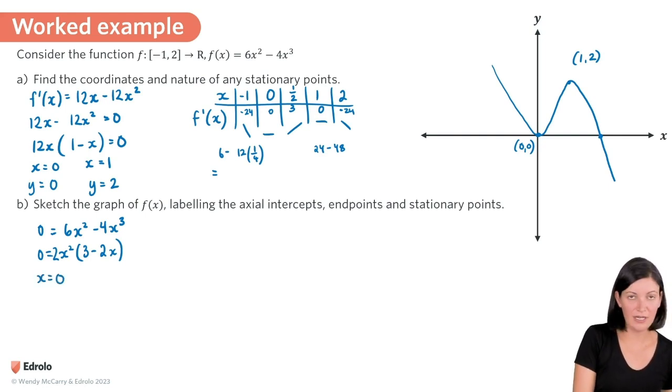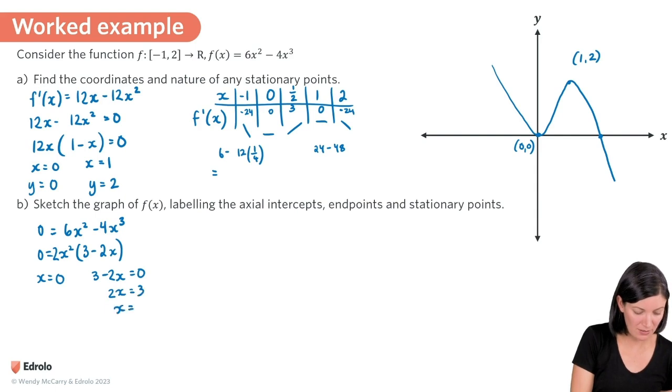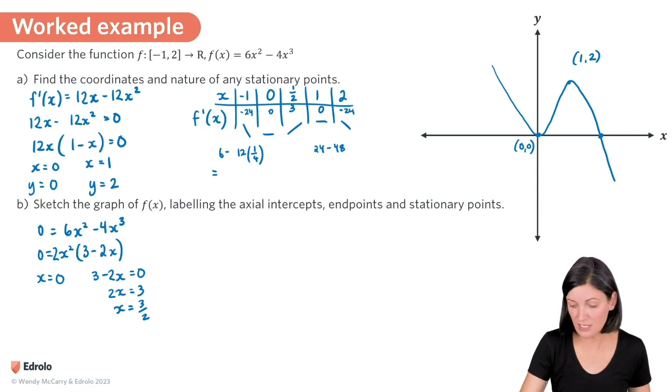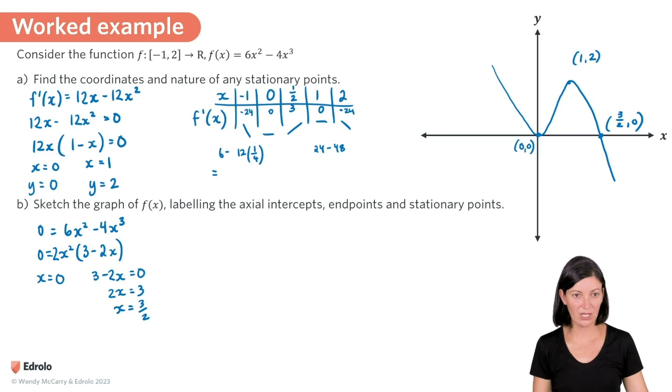Or for this other one, I end up getting 3 minus 2x equals 0. So 2x is equal to 3, so x is 3 over 2, so 1.5. This other x-intercept is the point (3/2, 0). And there are my axis intercepts. I don't need to find the y-intercept because I've already found it, and I can tell by the shape of the graph that it's the only y-intercept.